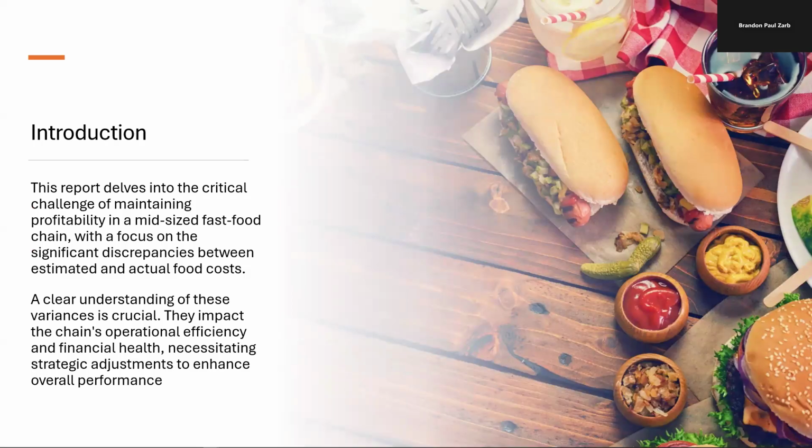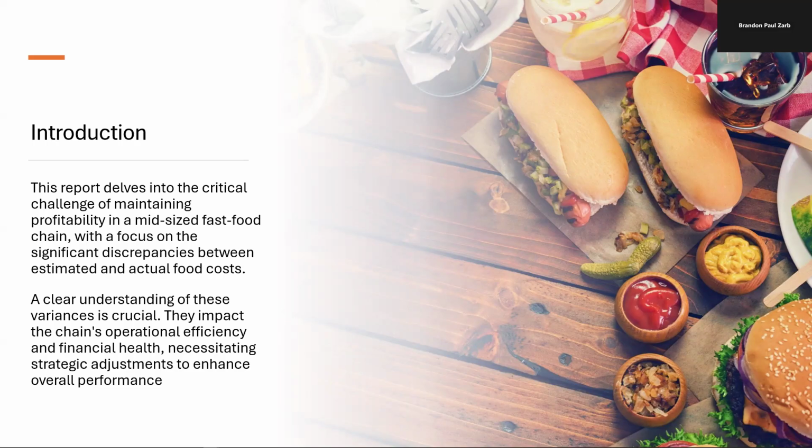So this report is essentially going to dive into the critical challenge of maintaining profitability in a mid-sized fast food chain, with focus and emphasis on the significant discrepancies between estimated and actual food costs. A clear understanding of these variables is crucial.